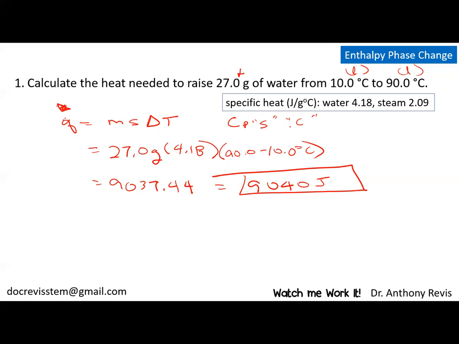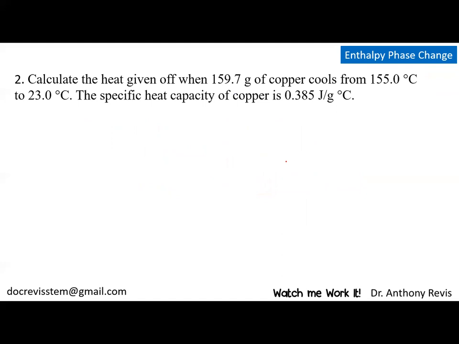That's our final answer for that problem. You'll want to check this, make sure I didn't make any punch-through errors on the calculator. Okay. So here, calculate the heat for this copper. Similar process. This is going to be a non-phase change again.